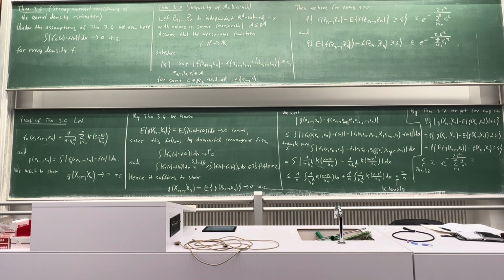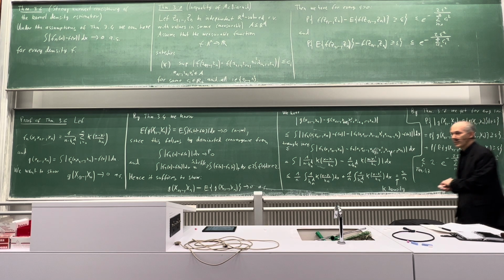Now the sum is 4 divided by n, and then you see the whole thing is 2 times e to the power minus n epsilon squared divided by 2.